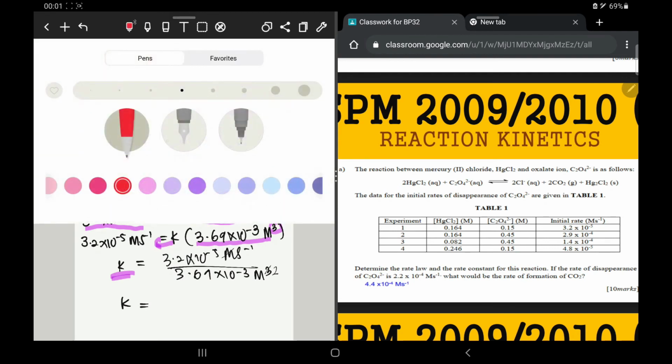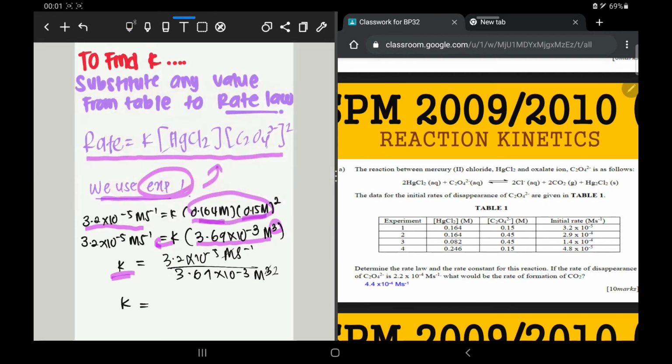So when you calculate that, you will get a value around 8.67 × 10^-3. Don't forget the unit. You have M over here, you can cancel out. M^3 over here can become M^2. So you will have M^-2 s^-1. So you will be able to find the rate constant value.